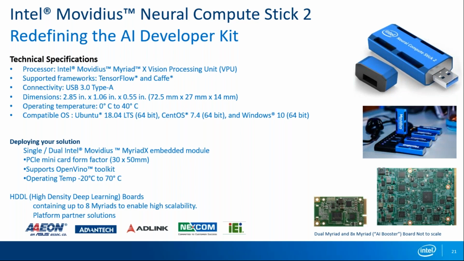You can have it in a mini PCI card form factor with two or four Movidius VPUs, and we have what is called HDDL, the high density deep learning board, which can contain up to 8 Myriad X VPUs. And HDDL is the one being used today by ISSD in their ongoing computer vision project.